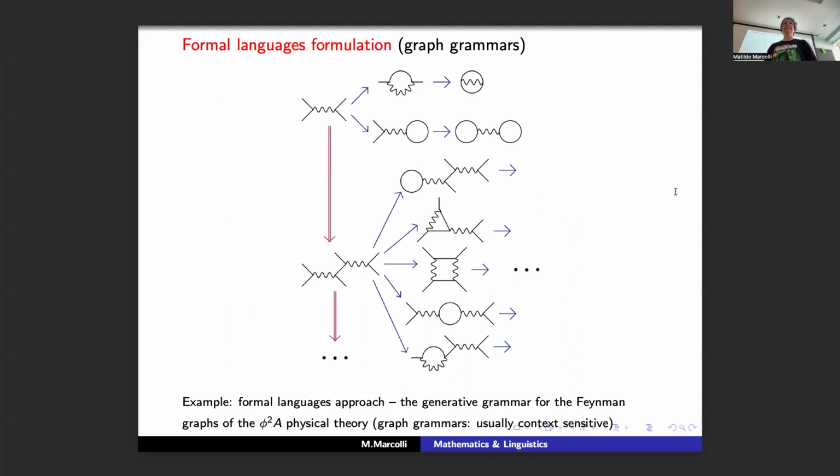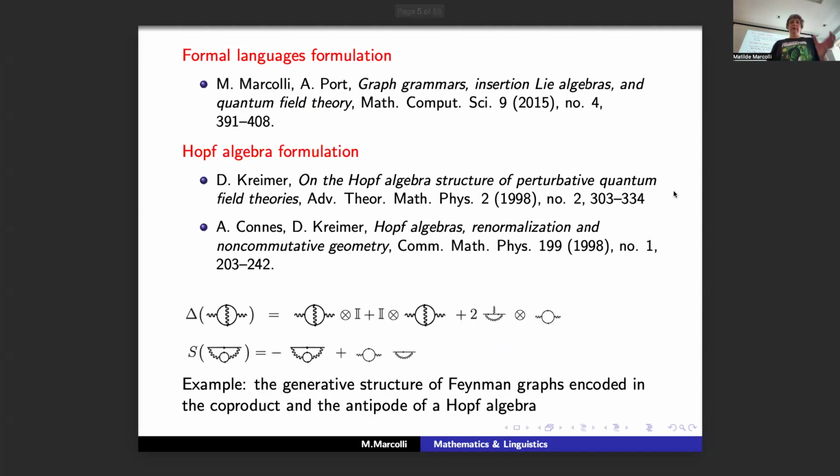One of them would be how one can think in terms of formal languages in the physics setting, and that parallels the older formulation of generative linguistics, and the comparison between that and the Hopf algebra formulation, where the Hopf algebra of Feynman graphs takes care of the composition and decomposition of Feynman integrals at different orders in the expansion.